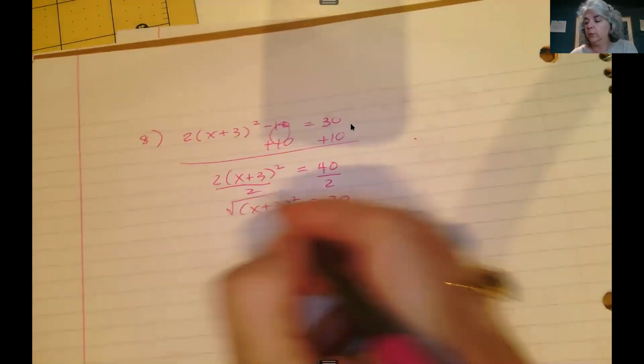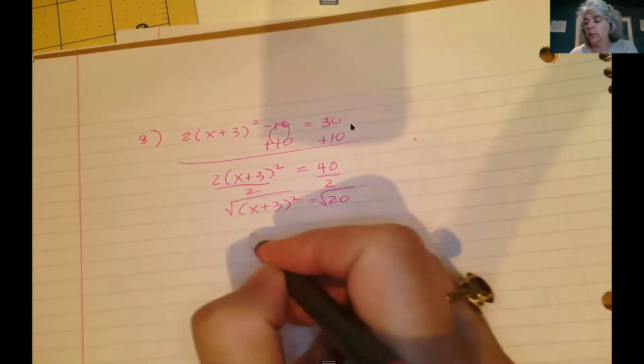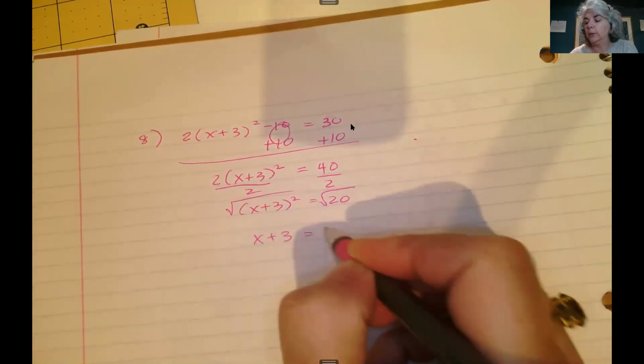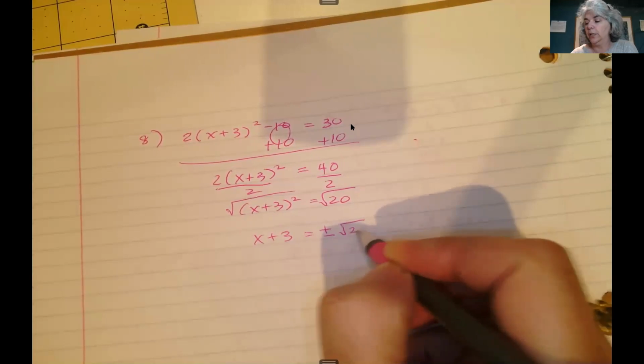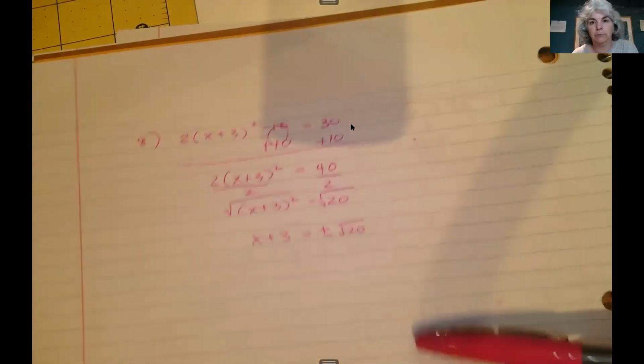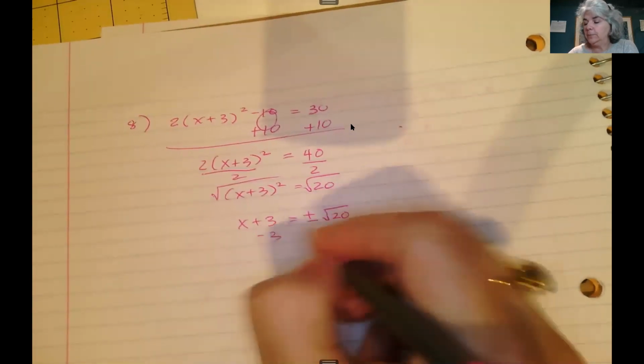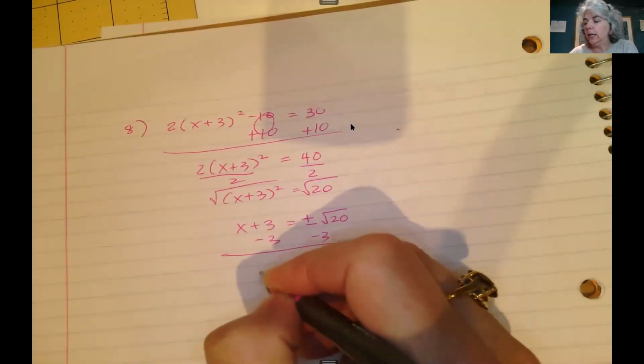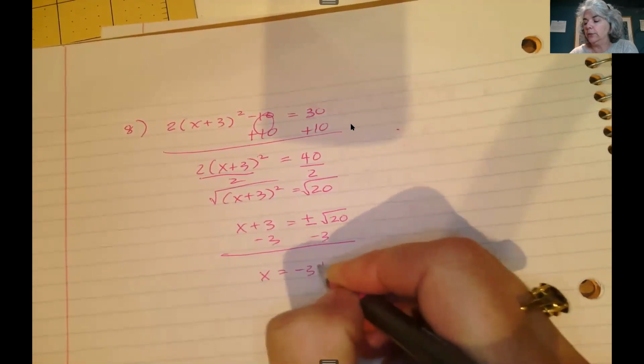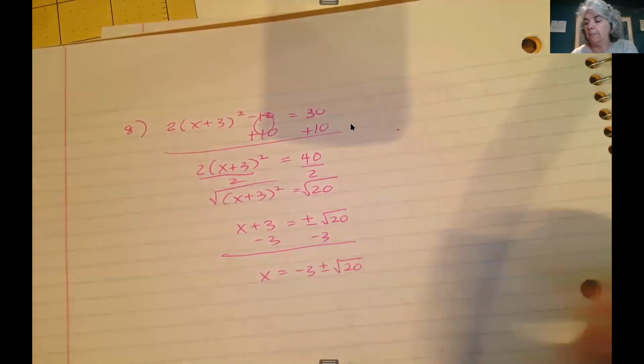We take the square root of both sides. We get x plus 3 equals plus or minus the square root of 20. How many of you remembered the plus or minus there? And then we have to subtract 3. So we get x equals negative 3 plus or minus the square root of 20.